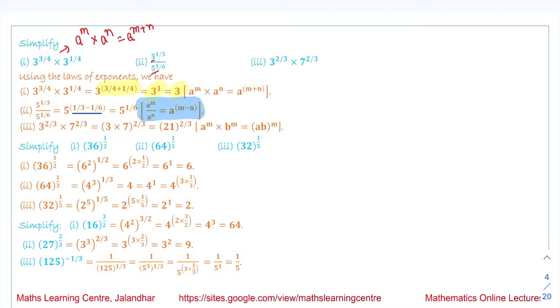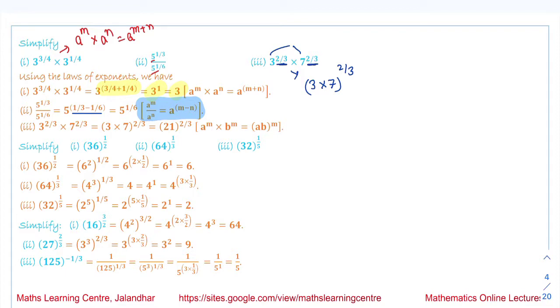And in the third case, the powers are the same and the bases are different. So what will happen here? It will become 3 into 7 raised to the power 2 by 3.